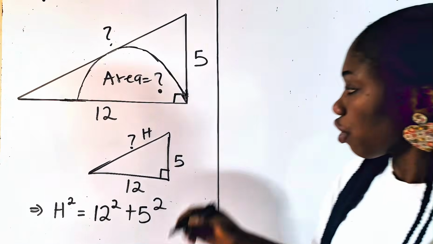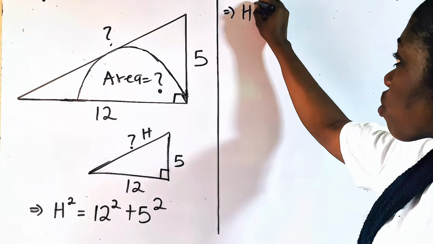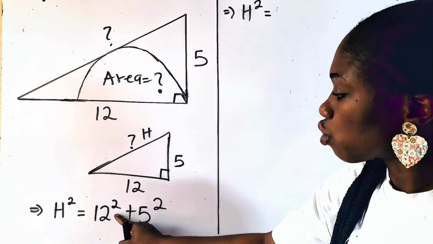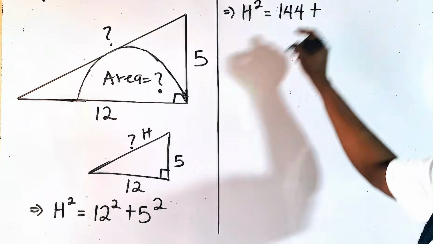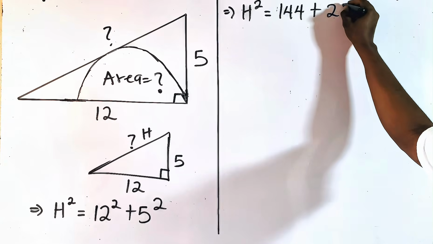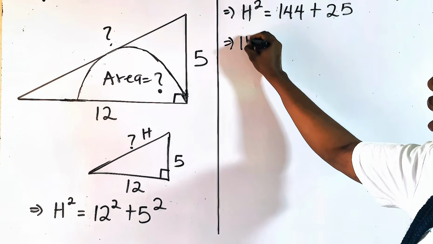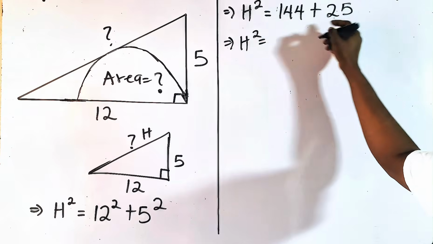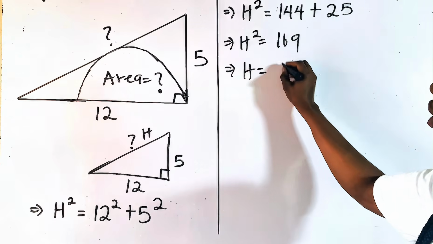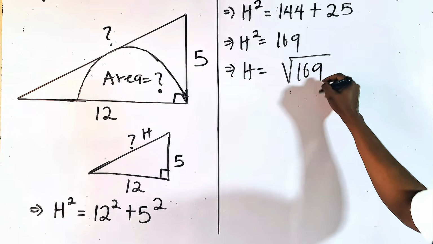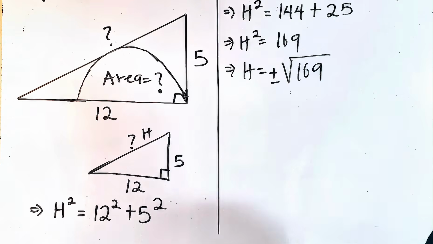This is going to give us h squared is equal to 12 squared, which is 12 multiplied by 12, to give us 144. Then 5 squared will give us 25. And that gives us h squared is, if you add this, 169. To get h, we are going to take the square root of 169, both the positive and negative.